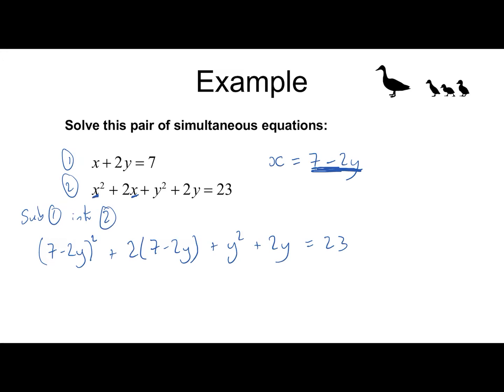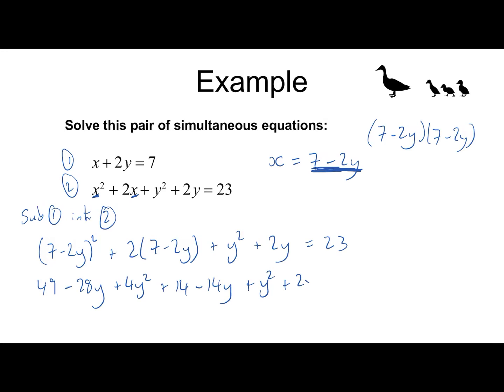So the first thing we're going to do is expand all of these brackets. Don't forget that (7 minus 2y) squared means (7 minus 2y) times (7 minus 2y). So that's going to be 49 minus 28y plus 4y squared. Now on to the next one.